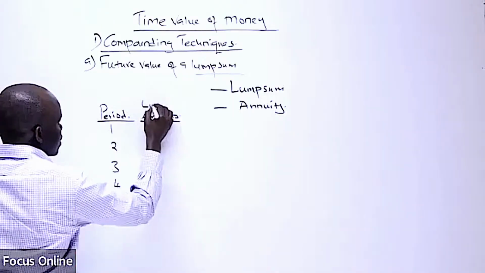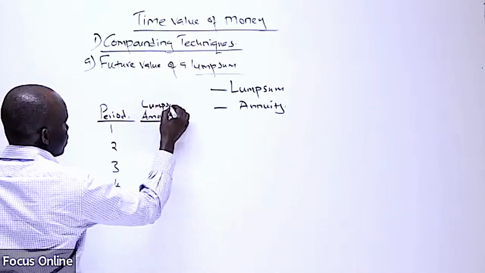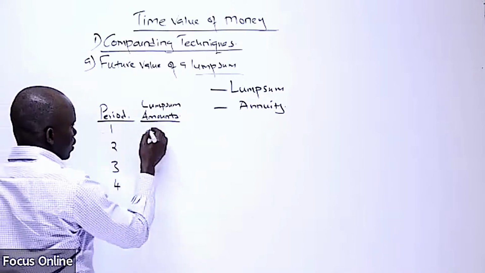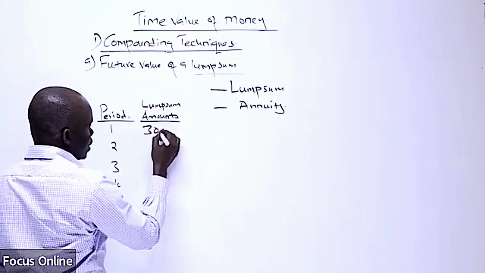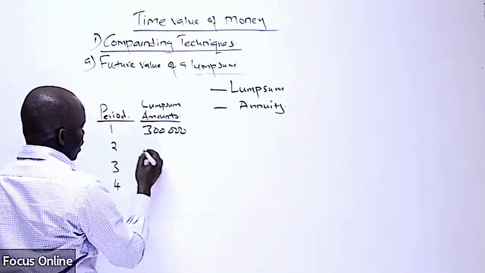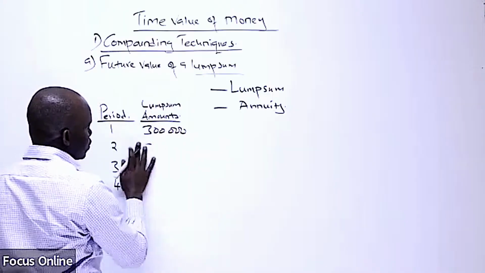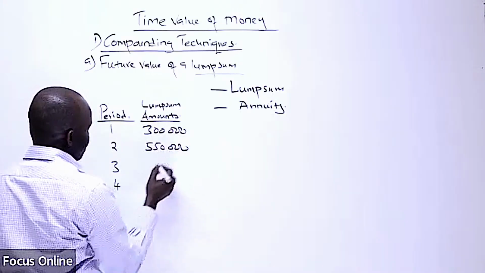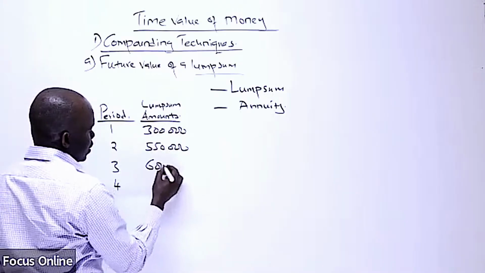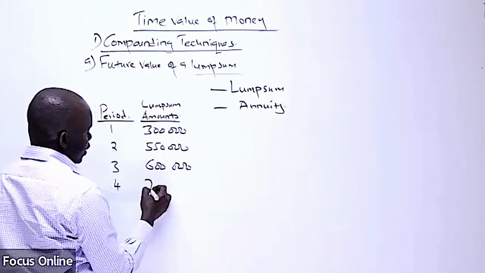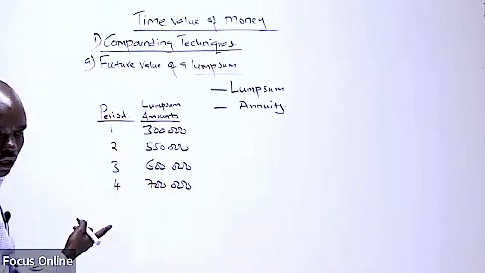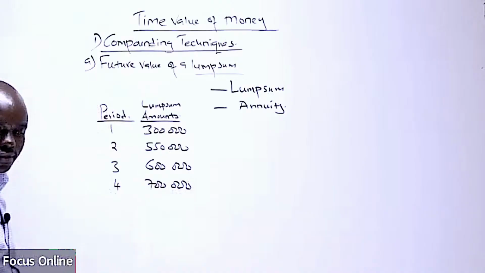Let's say in year 1, the amount is 300,000. In year 2, it's 550,000, 600,000, and 700,000. All these are what we call lump sums.